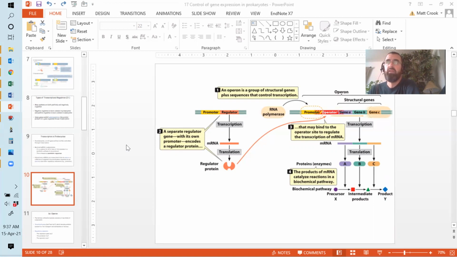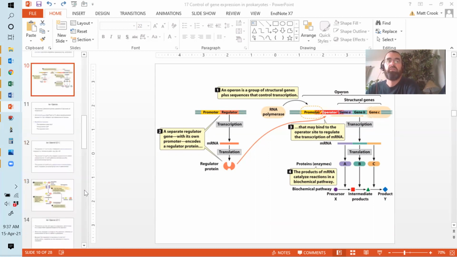It's really not that complicated. But the fine tuning, ooh, that's a real doozy. Anyway, I'm going to take you through the lac operon and what it looks like.